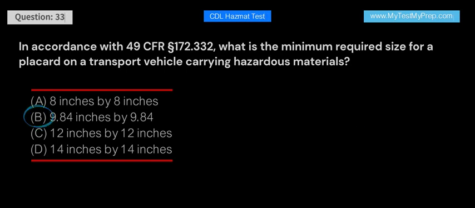Answer: B. In accordance with 49 CFR Section 172.332, the minimum required size for a placard on a transport vehicle carrying hazardous materials is 9.84 inches by 9.84 inches, 250 mm by 250 mm. This size ensures that the placard is easily visible and communicates the hazards of the materials being transported.